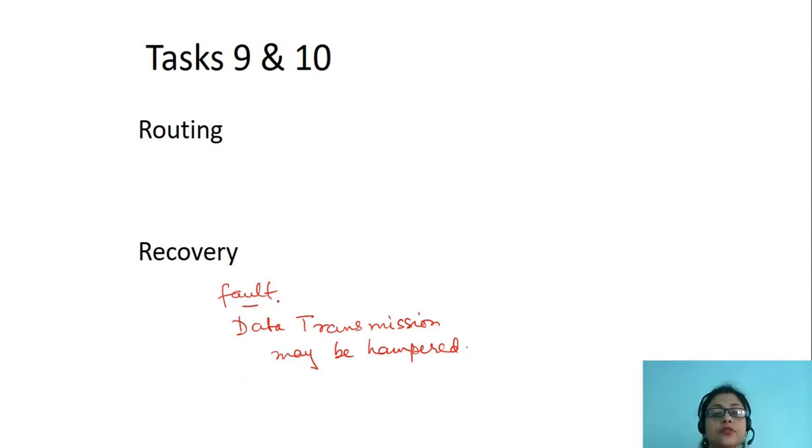So due to this fault, there was hampering in the data transmission and there was a faulty system. So proper measures should be taken so that the system resumes activity at the point of fault, or at least recovers to the state before the transmission of that particular session. So this is called recovery.